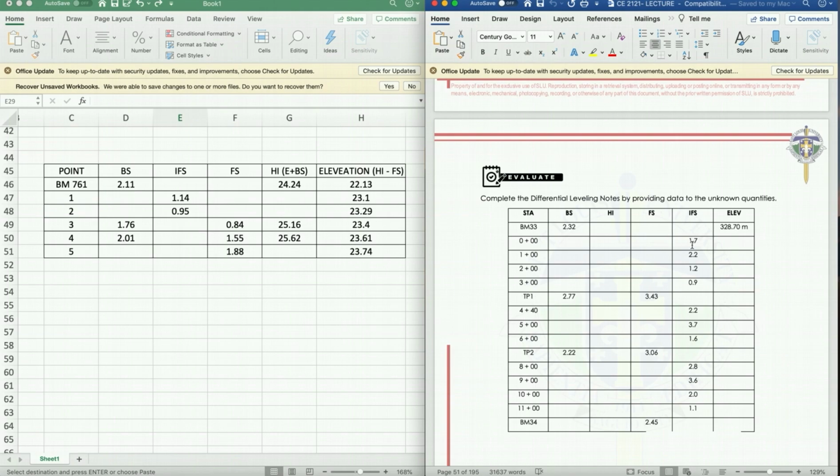Para makuha mo yung elevation nitong station 0 plus 0, 0, you have here height minus IFS, height minus 2.2, height minus 1.2, and height minus 0.09. Intermediate foresight. Now, this time, nagkaroon ka ng turning point, aalamin mo naman yung elevation ng turning point. Okay? Yan.